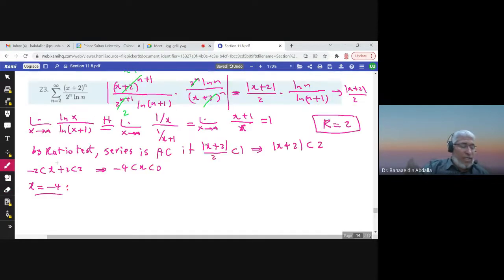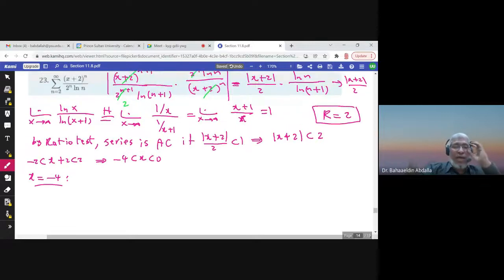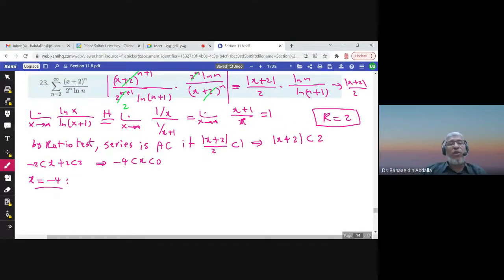When x is negative 4, I'll have negative 4 plus 2, so this is negative 2 to the power n. Now negative 2 over 2, all to the power n, would be negative 1 to the power n.